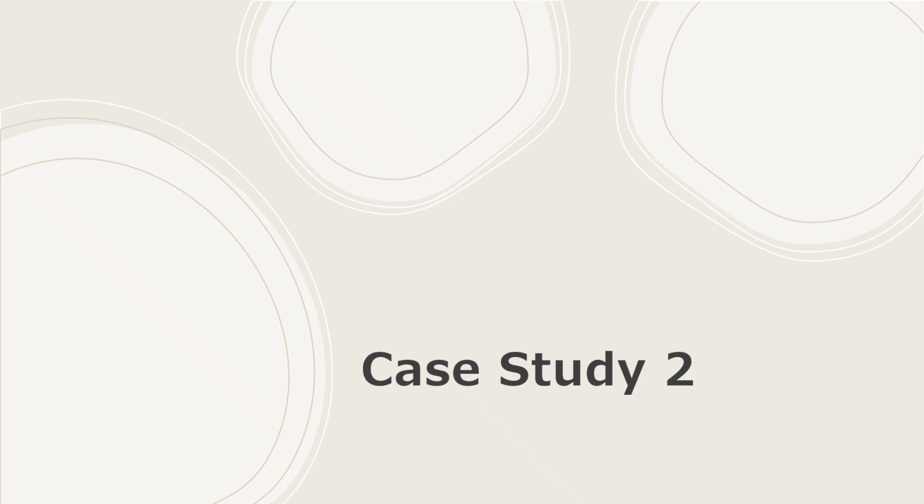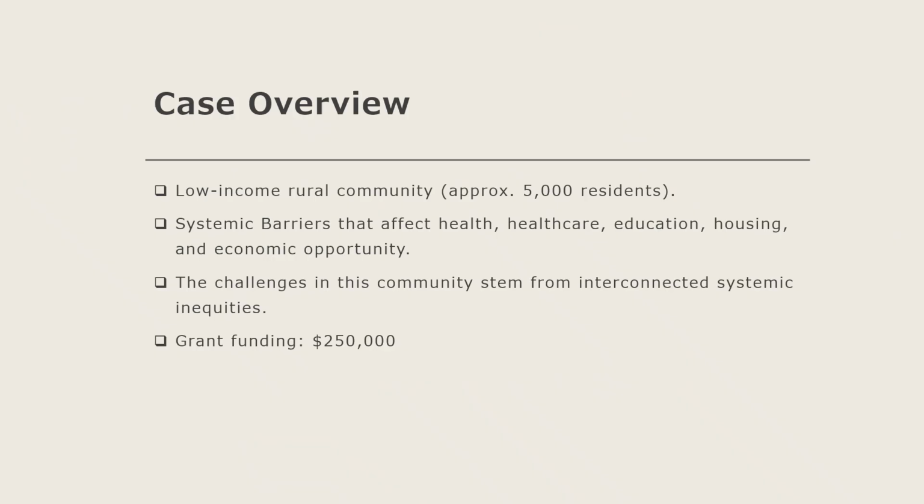For case study 2, the overview is it's a low-income rural community with approximately 5,000 residents. So actually that's about the size of the hometown I grew up in. So I was able to look at this with kind of thinking about my community that I grew up in.